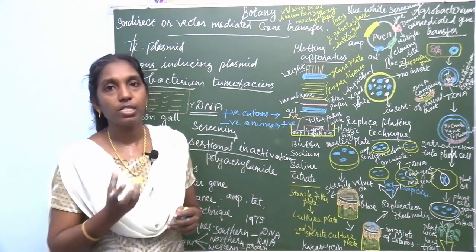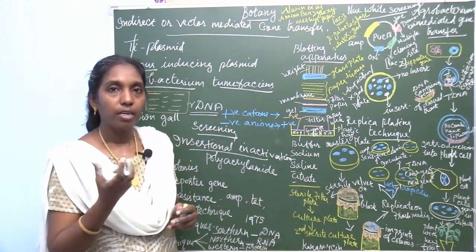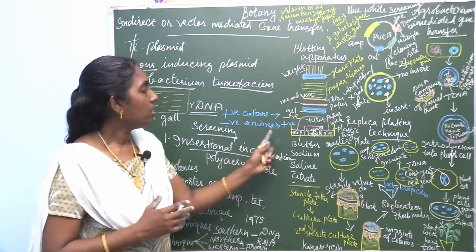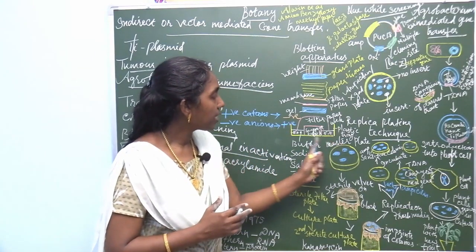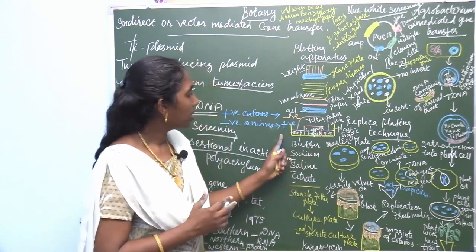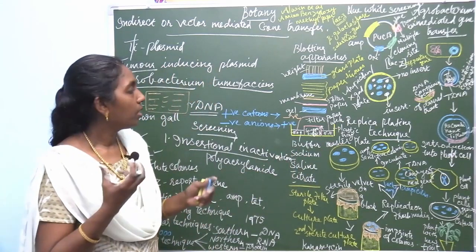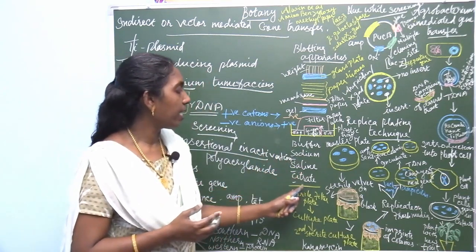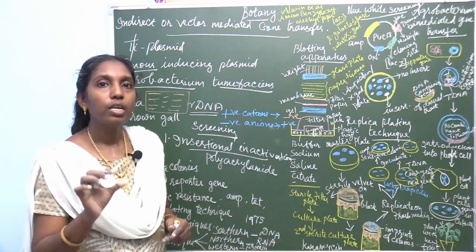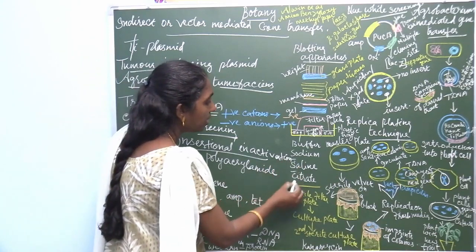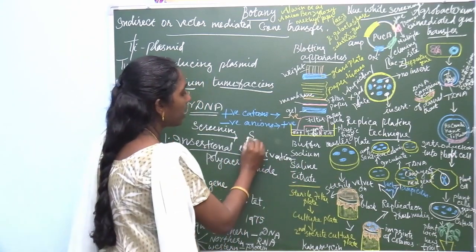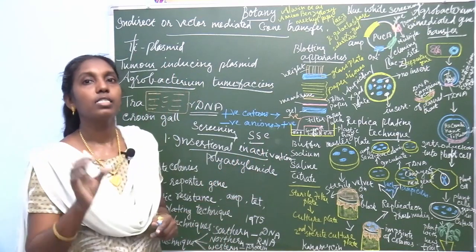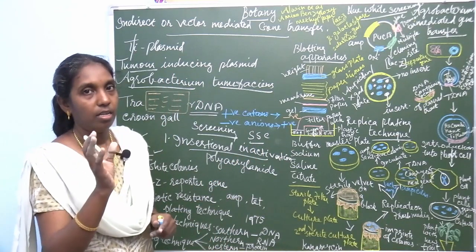A buffer is a liquid which maintains the pH. This is a plastic tray which contains a buffer. Here the buffer is sodium saline citrate, commonly called SSC.